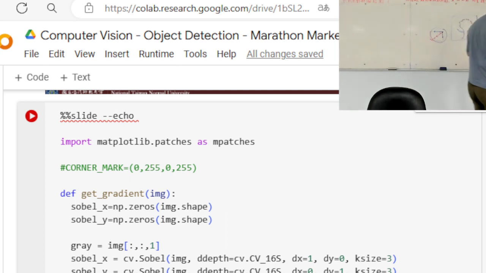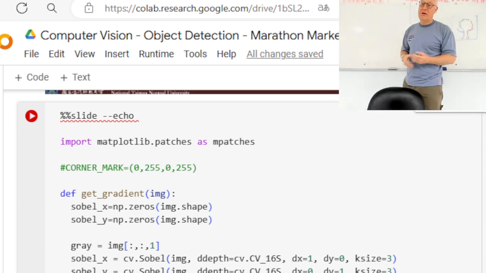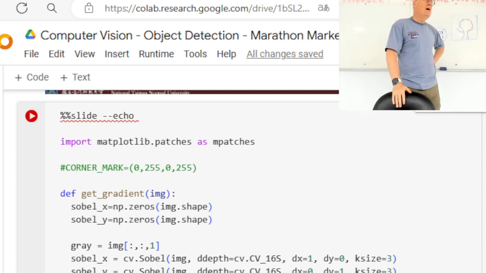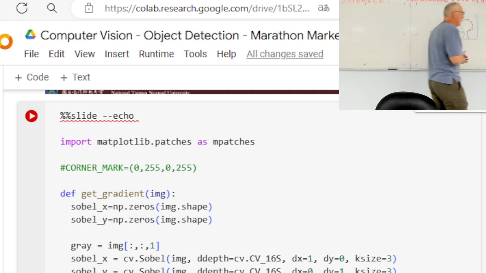Now, if we want to detect the markers, I would say, lots of other people would agree with me, I think it makes sense that we would be mostly focused on the angle of the gradient rather than the magnitude, because the magnitude will vary greatly between the marker being in the shadow and the marker being under the bright light.